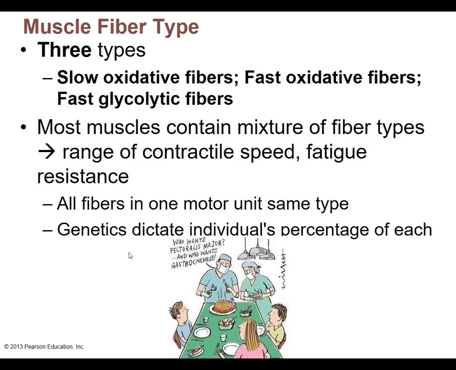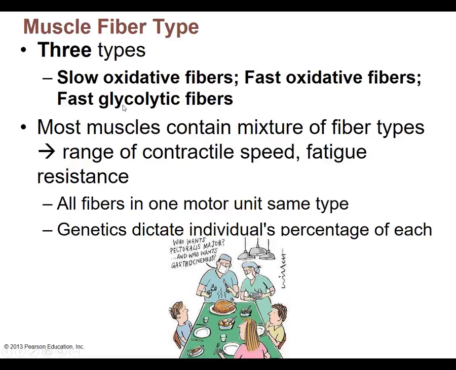Now, I'm going to flip around. I'm going to come back to fast oxidative. Fast glycolytic. We're going to the opposite end. Fast means it can contract fast, but it also tires or fatigues fast. It doesn't use any oxygen because it makes its ATP through glycolysis, which is an anaerobic pathway.